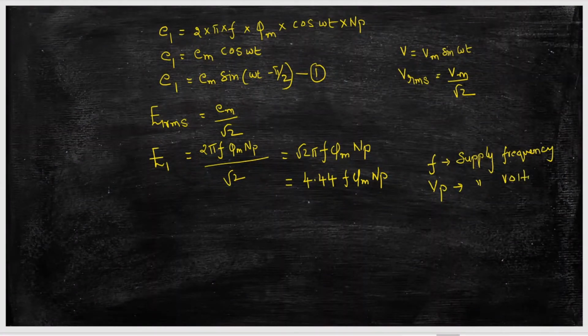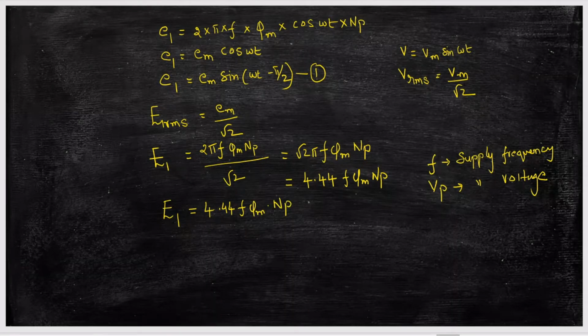So the frequency f is nothing but the frequency of the voltage which you are giving to the transformer. Now the E1, that is the EMF induced on the primary side, RMS value is 4.44 f phi m into NP.